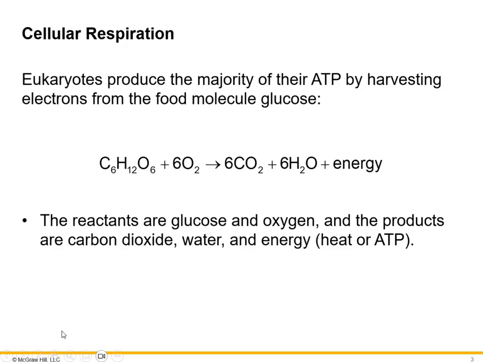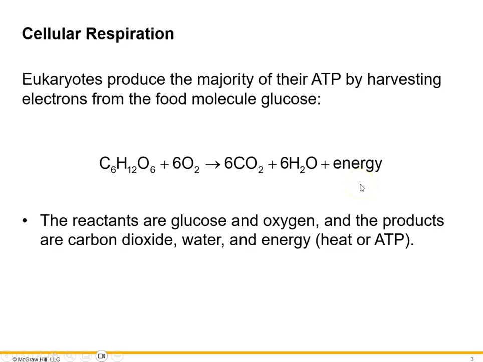Eukaryotes produce the majority of their ATP by harvesting electrons from the food molecule glucose. You can see the chemical reaction for this process shown here. You can see we've got glucose as our first reactant and oxygen as the other reactant. And then our products are carbon dioxide, water, and here, energy, the main goal of this process.